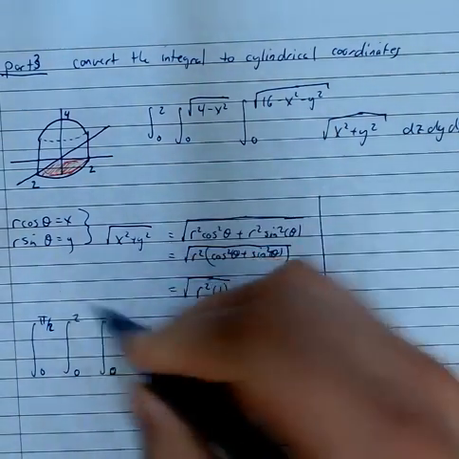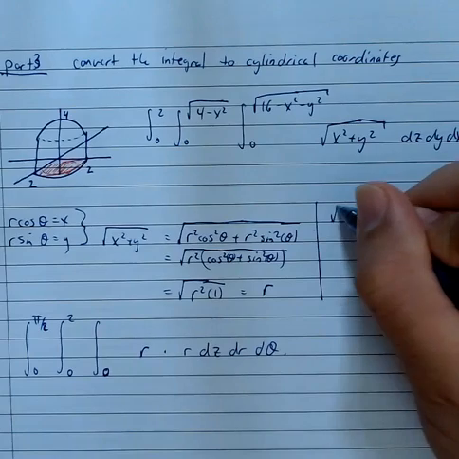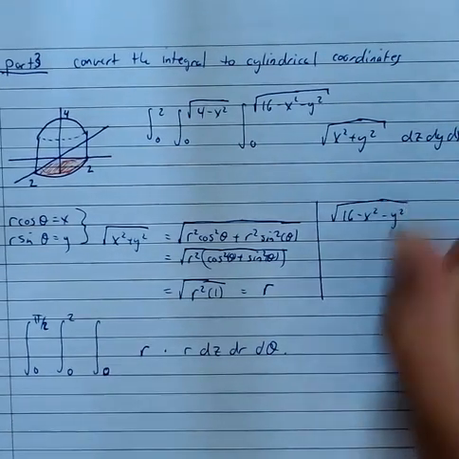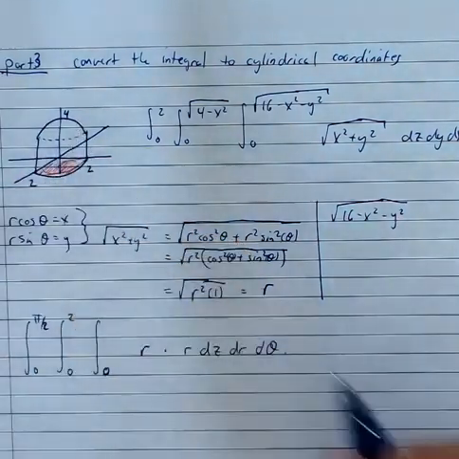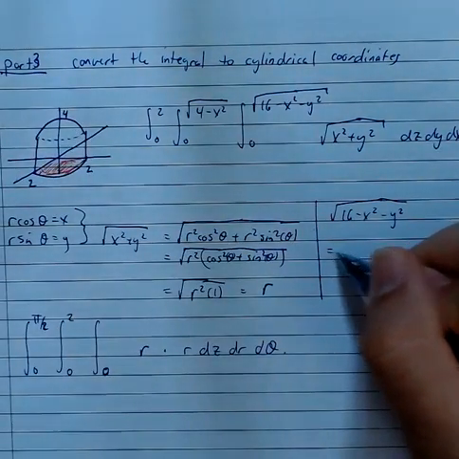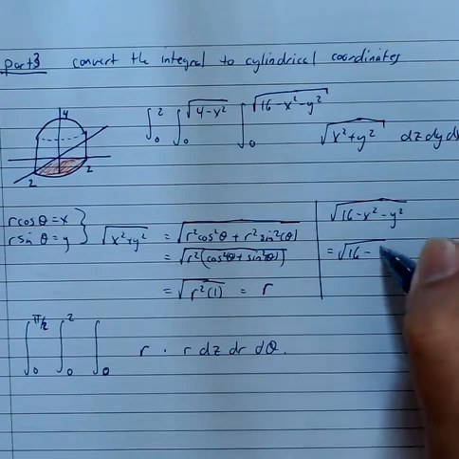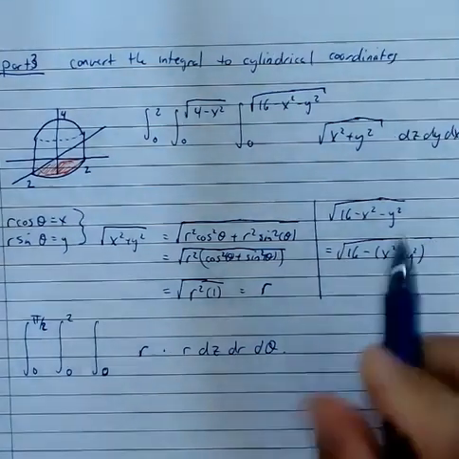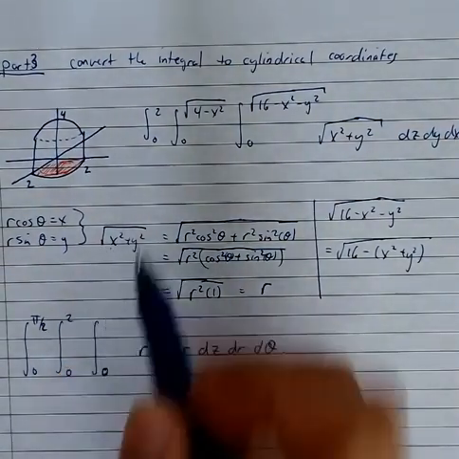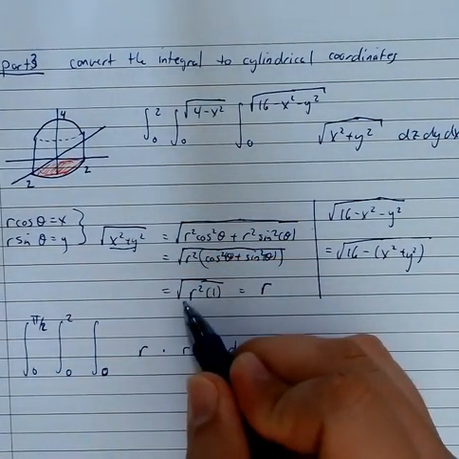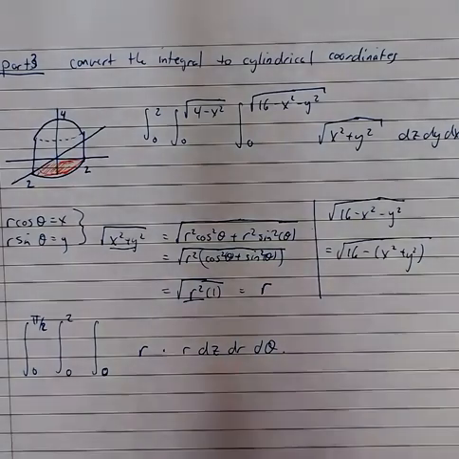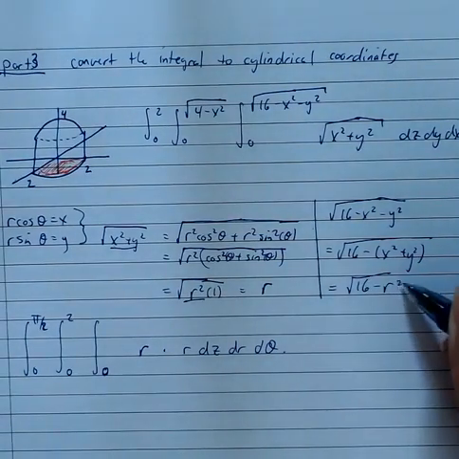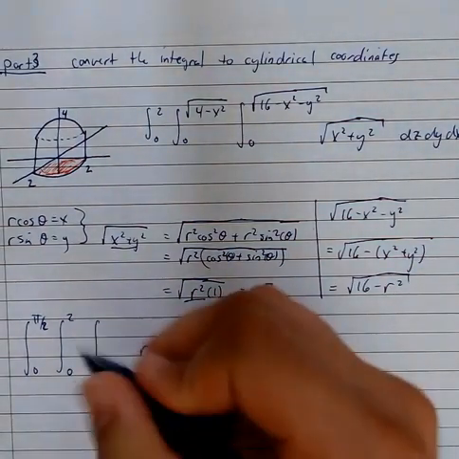Using this same idea, the square root of 16 minus x squared minus y squared, the equation of this upper bound, can be written as the square root of 16 minus (x squared plus y squared), which converts into r squared. So that's going to be the square root of 16 minus r squared. So that's your upper bound.